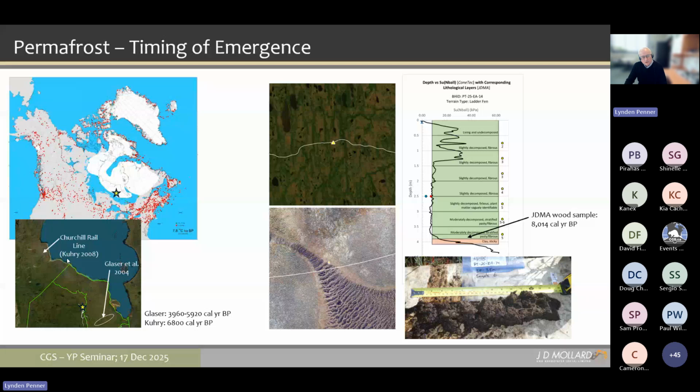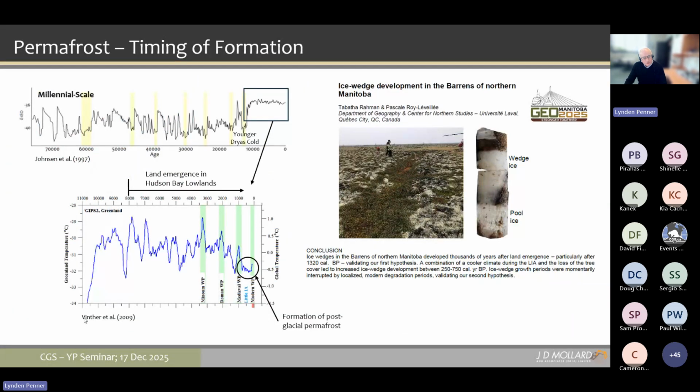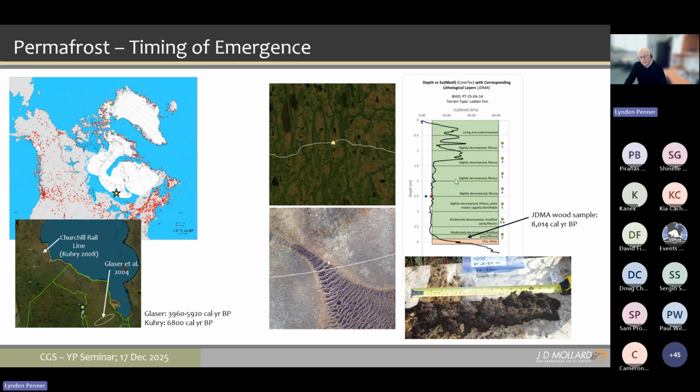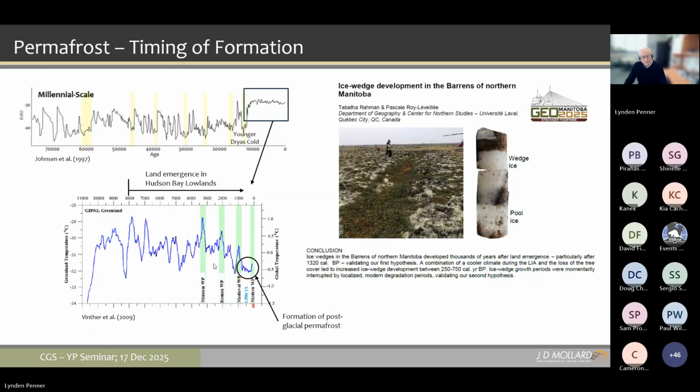So it paints a picture of temperature warming, the ice melting, land emerging, vegetation beginning to grow at about 8,000 years ago, peat accumulating over 8,000 years, and then permafrost forming within that peatland, something like 250 to 750 years ago.